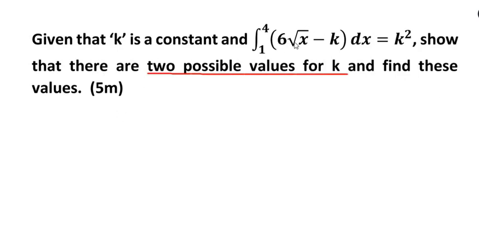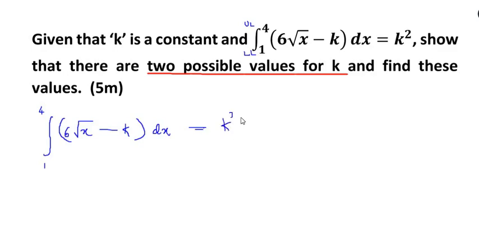Now this is a definite integration, that means we have the lower limit and the upper limit given to us. So let us write it down again. Integration of 1 to 4, 6 root x minus k dx is equal to k square. This is what is given.